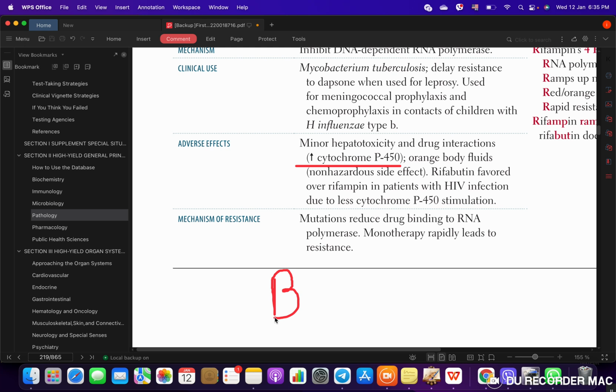You did not study pharmacology yet, but I will tell you that when the cytochrome P450 is induced, the bioavailability of the drugs goes down because they are metabolized much faster. It also causes all of our body fluids to become orange.